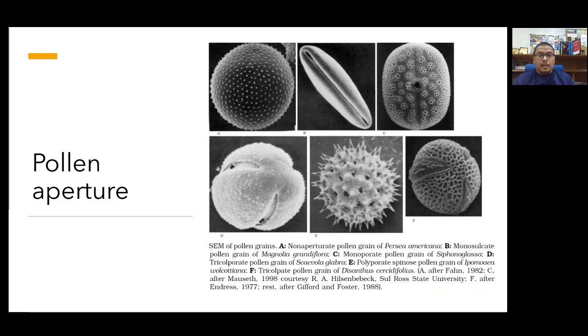This is a specialized region of the pollen wall through which the pollen tube comes out. An aperture is a thin or missing part of the exine, which is independent of the patterning of the exine. Two different types of apertures can be distinguished, which are the pores and also the fissures.